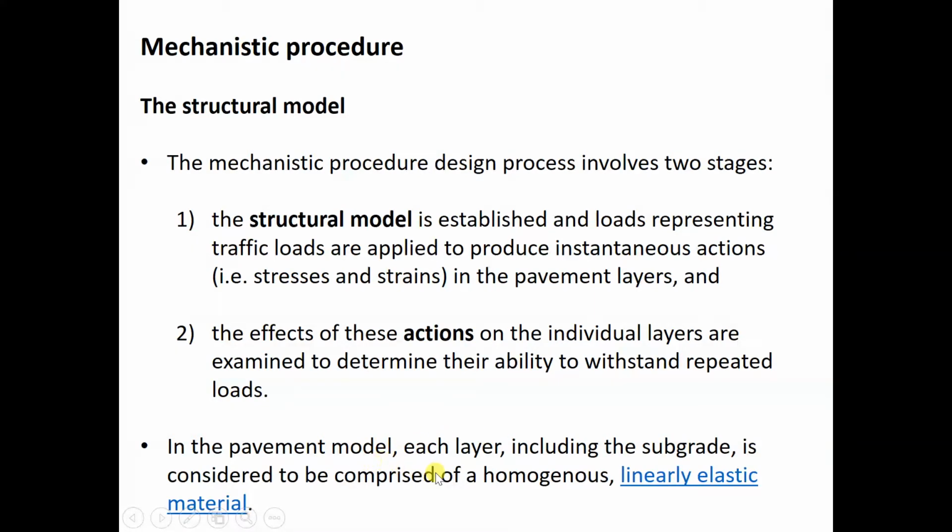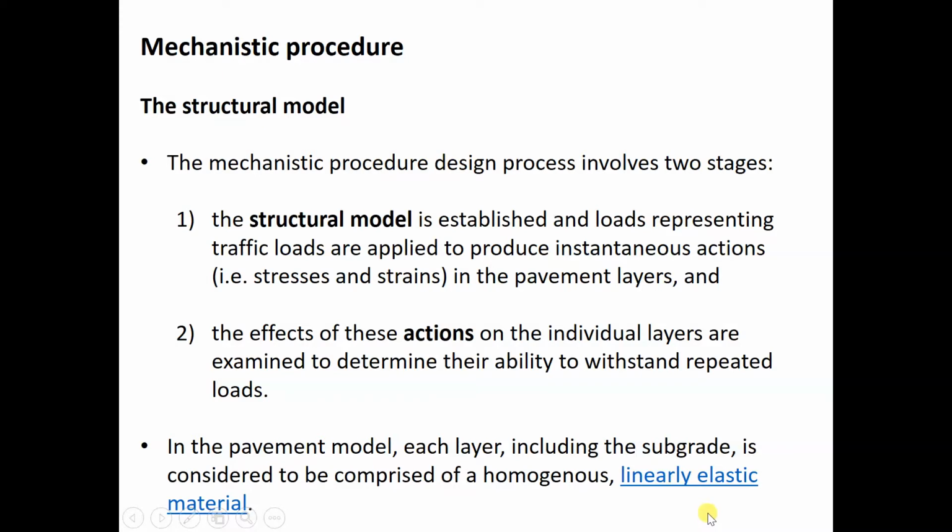In the pavement model, each layer, including the subgrade, is considered to be comprised of homogeneous linear elastic material. So in this pavement model, we consider them as homogeneous, so every part will be the same.